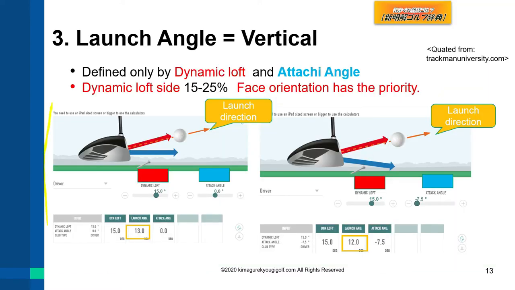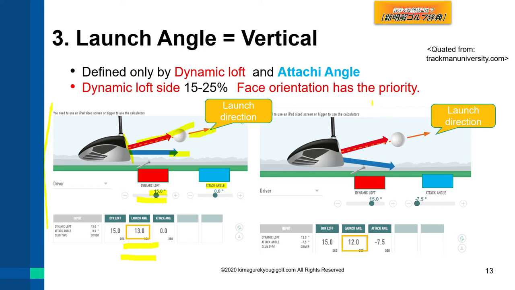In this sample here, the dynamic loft is 15 and the attack angle is 0. And the launch direction here is 13. You can see that the launch angle is much closer to the dynamic loft, which is the angle of the face.